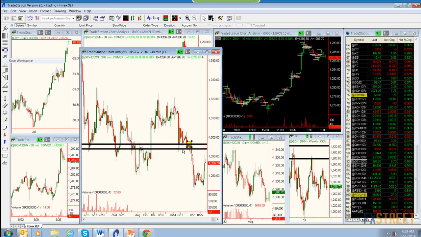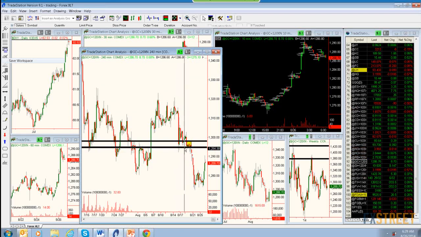We're going to have to include that wick. So if prices come up into that level, we'd be looking to sell short. That's a nice area of supply. So that's 1295.